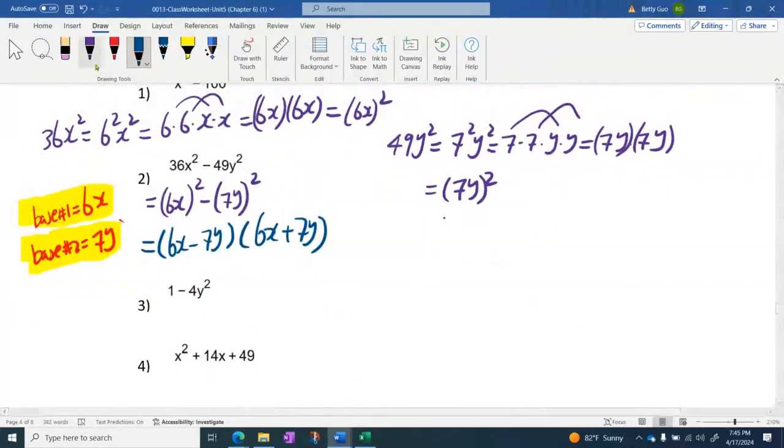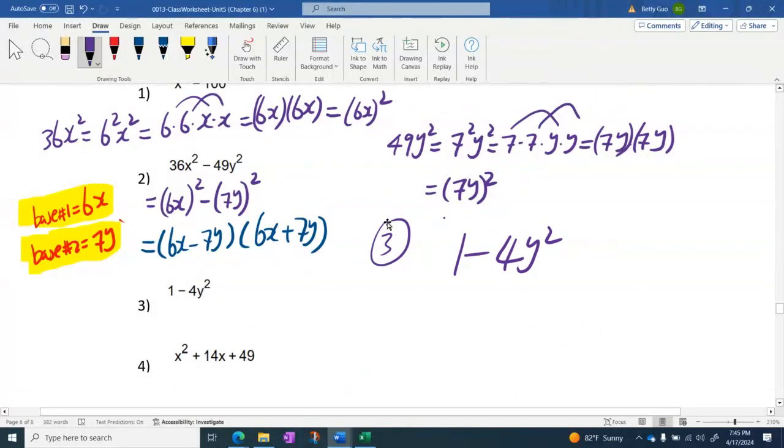Okay, guys, you try number 3. 1 minus 4y squared. Try to factor 1 minus 4y squared.